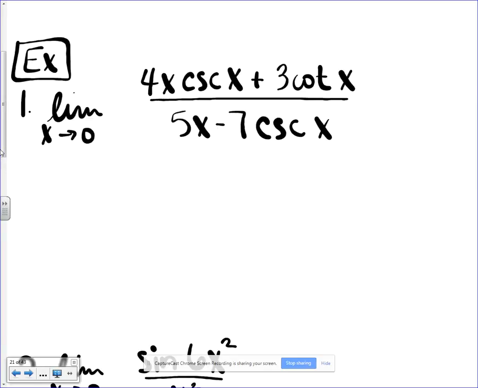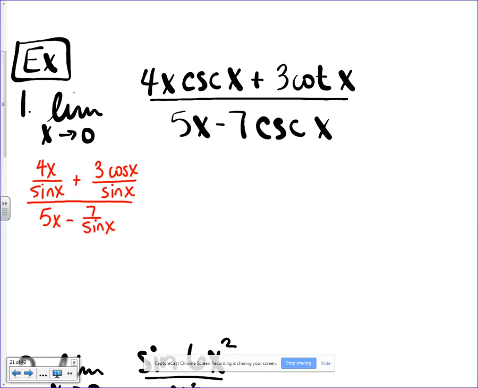And when I'm looking at this, it looks kind of like a mess to me. I got cosecants, I got cotangents, so the first thing I'm going to do is change all of those into sines and cosines. Okay, looks something like that.